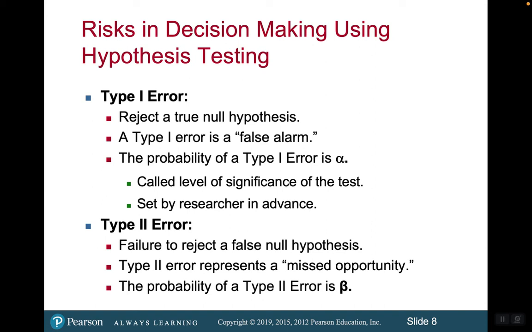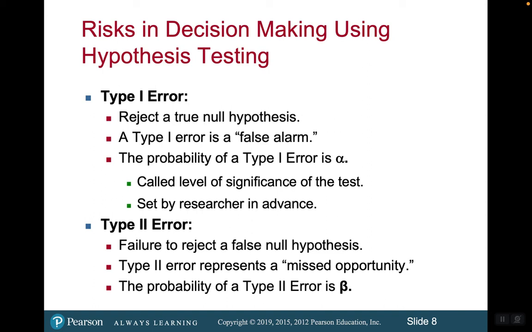Type 1 error is when we reject a true null hypothesis. Think of this as a false alarm. We associate a probability with a type 1 error, called the level of significance of the test. We set this in advance.